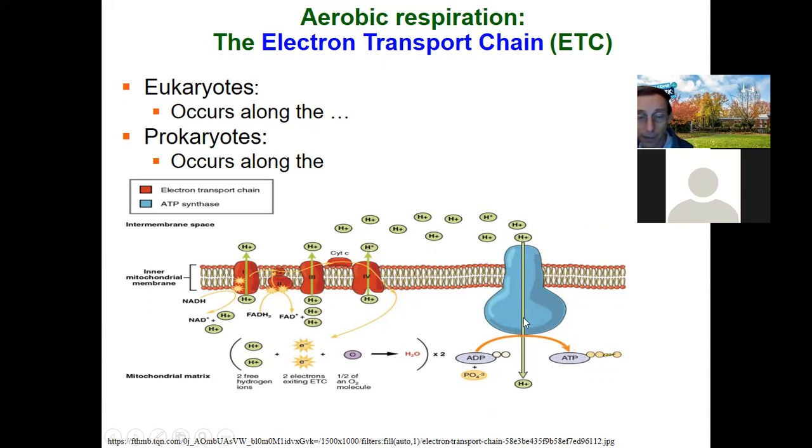So this channel protein is an ATP synthase molecule. And that is how the cell makes ATP, or at least the majority of the ATP, because the majority of the ATP is made in the electron transport chain.